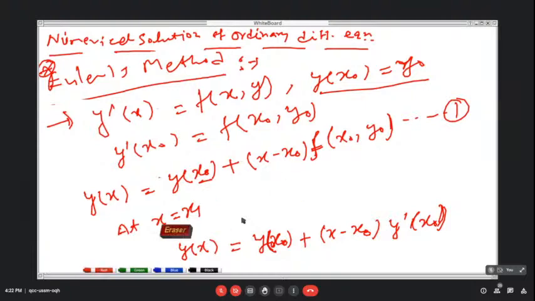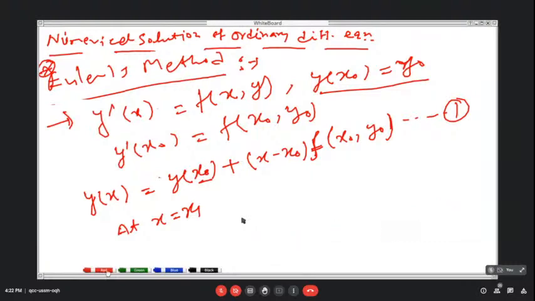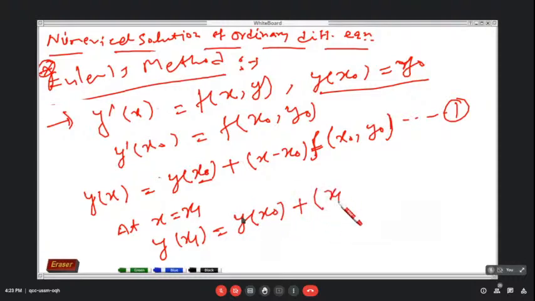If I put it here, then what will happen? y(x1) is equal to y(x0) plus (x1 minus x0) times f(x0, y0).